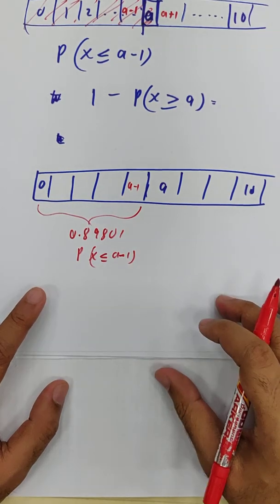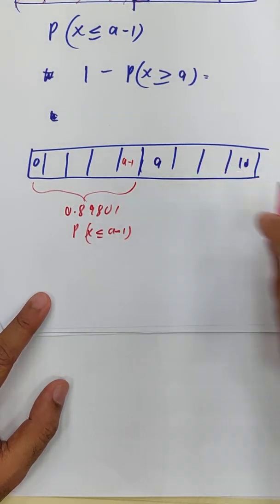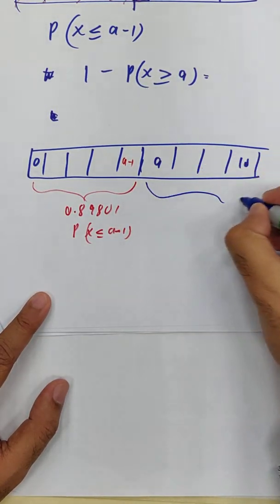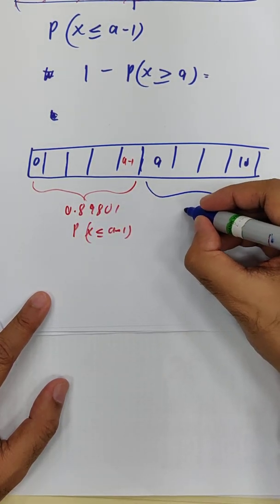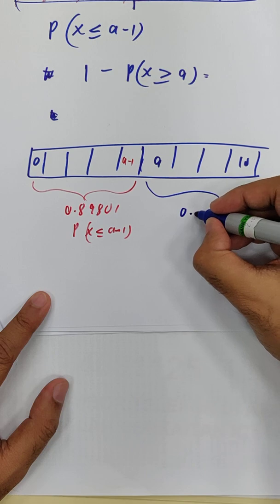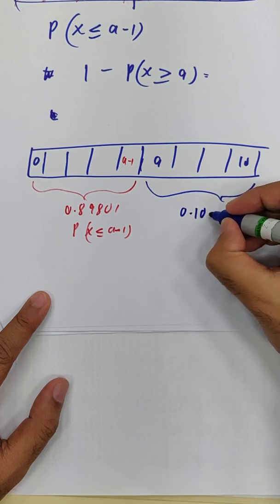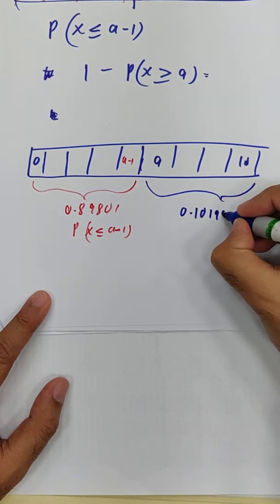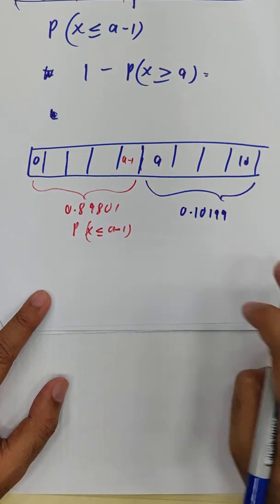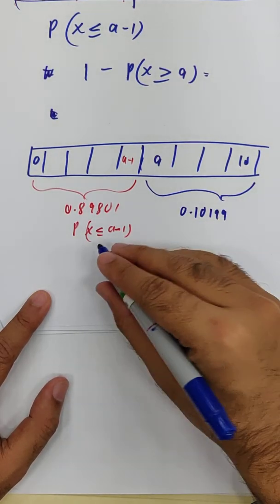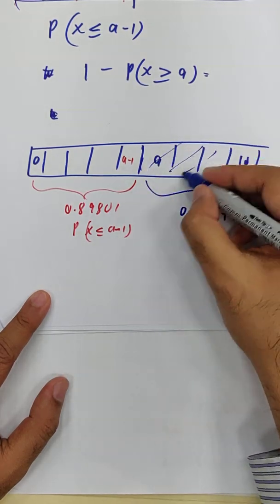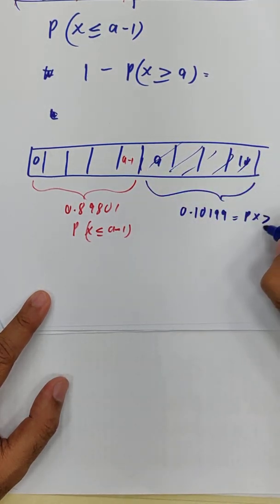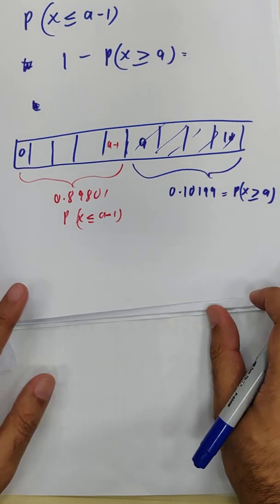Can you agree with me? So this one will be what? 1 minus that will be 0.10199. This one is for P(X), which direction? More than or equal to a. Okay, this is the least confusing. I can do it.